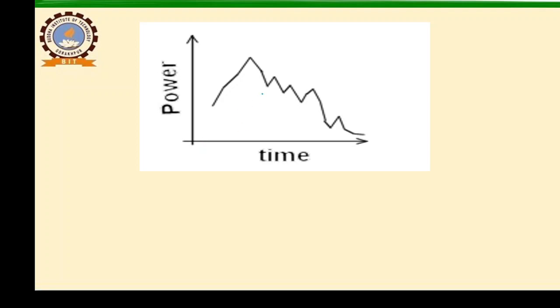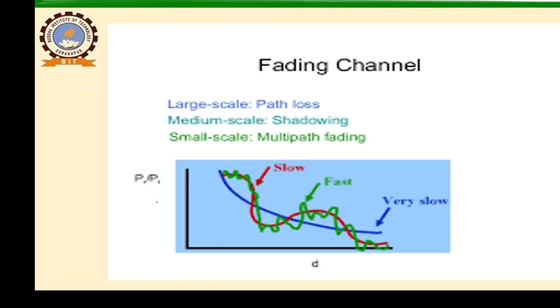So you can see in this diagram, the signal starts when it is transmitted. There is no obstacle in between. After the different paths of environmental effects, they actually change their phases. So it is quite natural that our system is affected by small scale fading in terms of multipath fading.